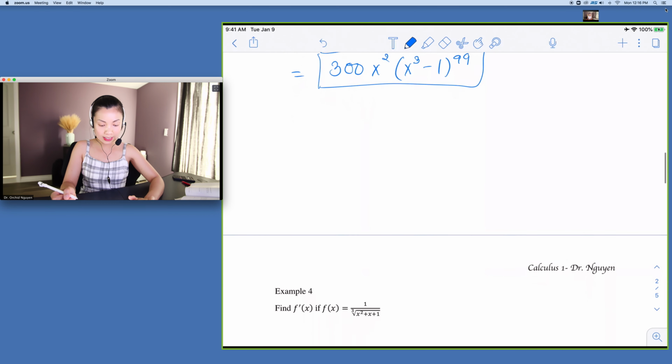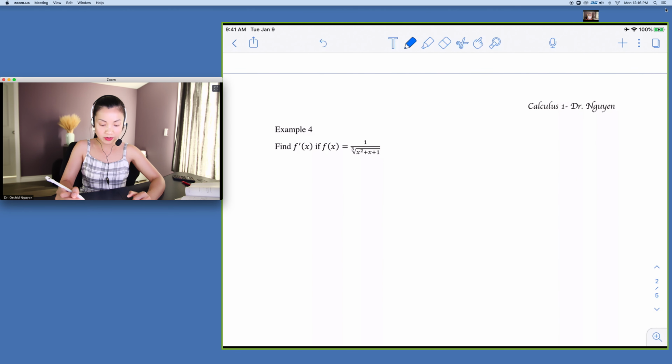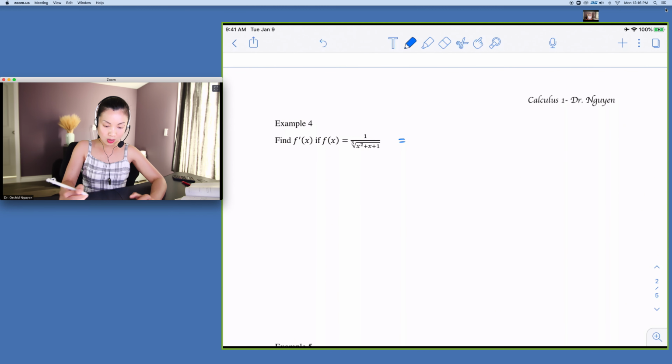Moving on to the next example. What I have right here, of course, is finding the derivative. So hopefully you recognize that the cube root is the outer function. But first, let's rewrite the f function. So if I want to rewrite, that would be (x squared plus x plus 1) to the negative 1/3.